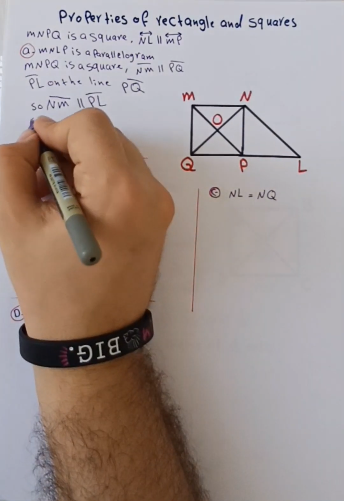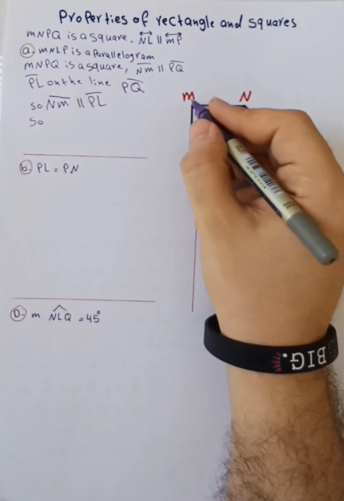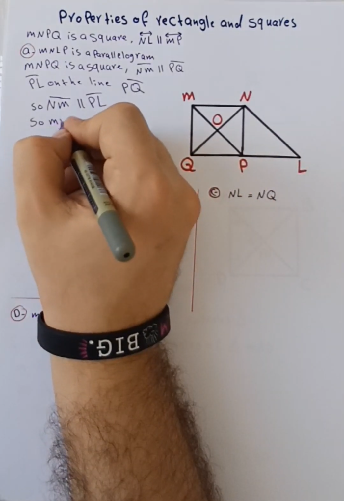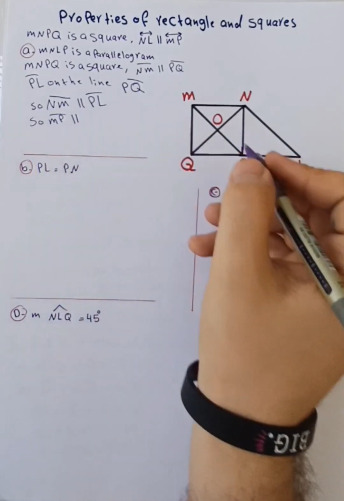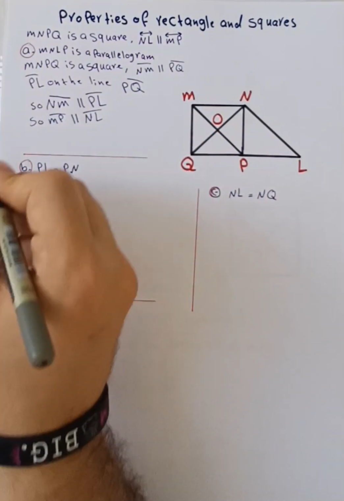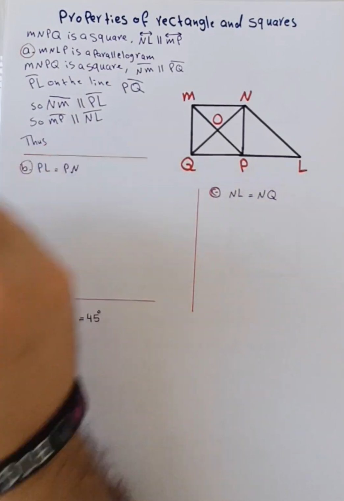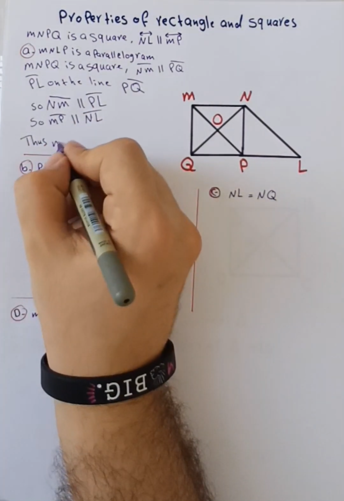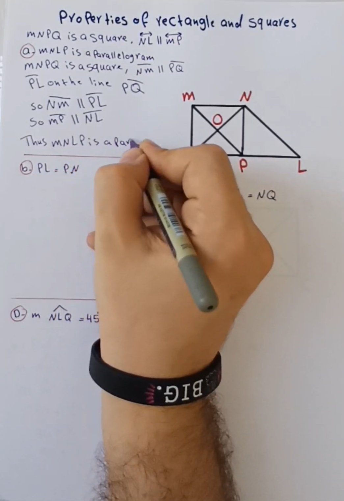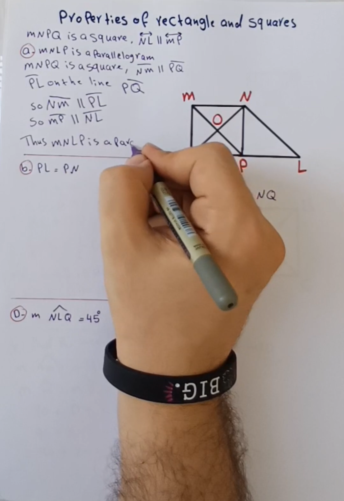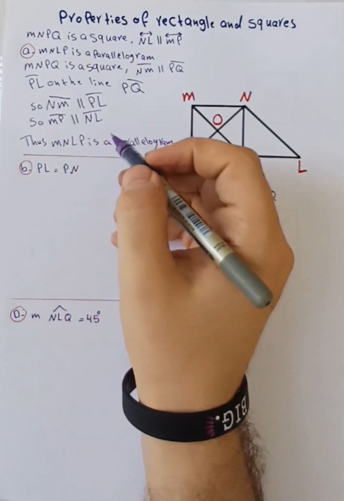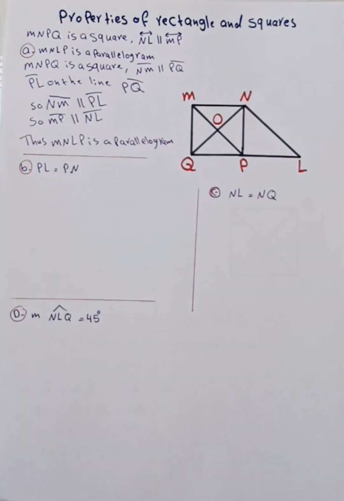After that, you can say MP is parallel to NL. So thus MNLP is a parallelogram, because the opposite sides are parallel.